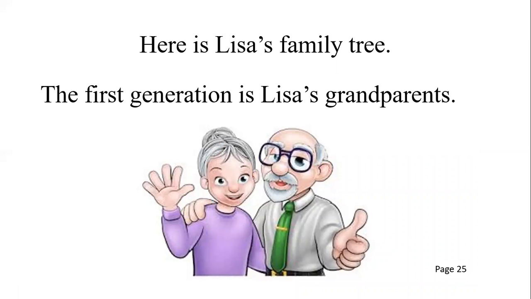Now you are going to take out your Carlong Primary Integrated Studies, My Family and My Home workbook, and you are going to turn to page 25. Now on page 25, you will see a picture of Lisa's family tree.